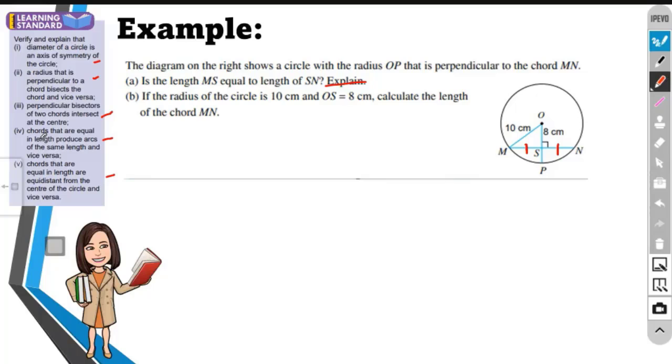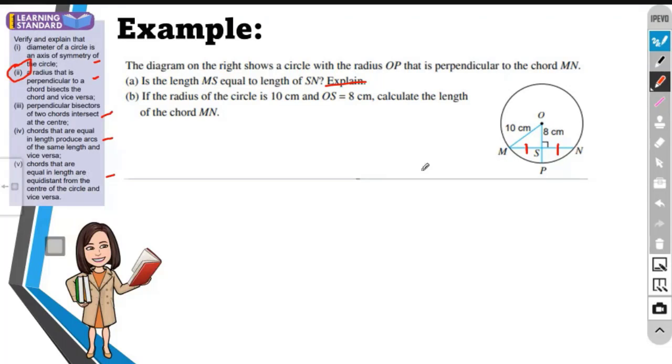Refer to 1, 2, 3, 4, 5. Please respond. Okay, some say yes. Which one? When we want to answer these questions, we have to refer to which properties or features of the circle. 1, 2, 3, 4, or 5? Which one? 2. This one. The rest, agree or not? Okay, Rana says 5. 5 is chords that are equal in length are equidistant from the center.